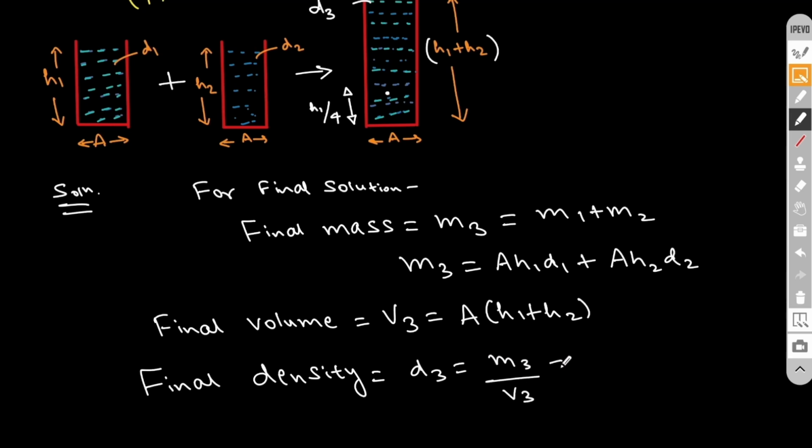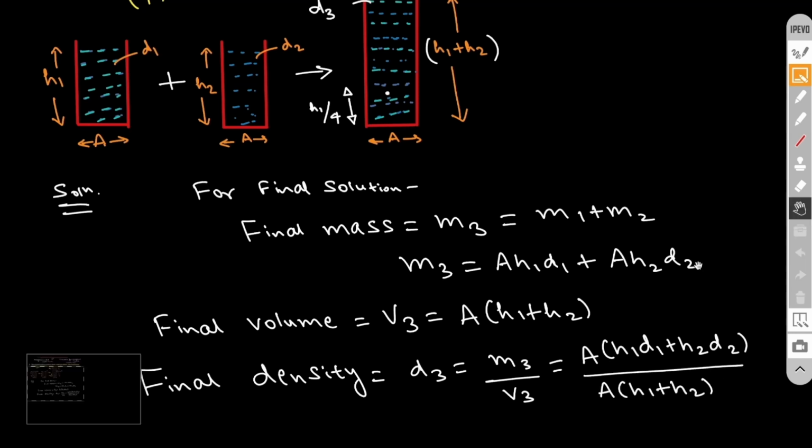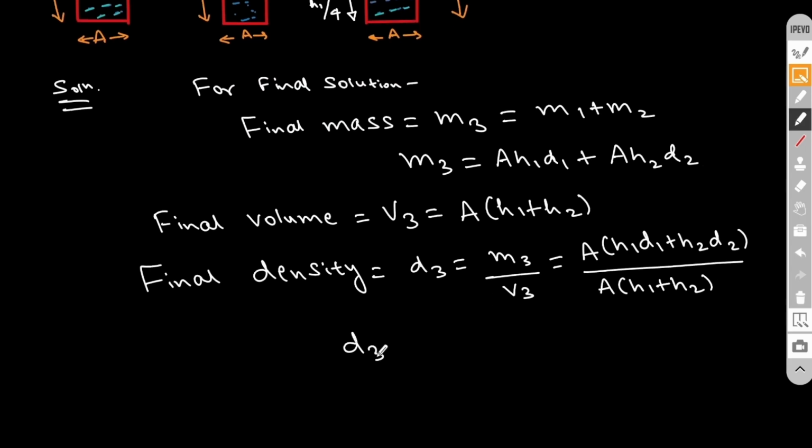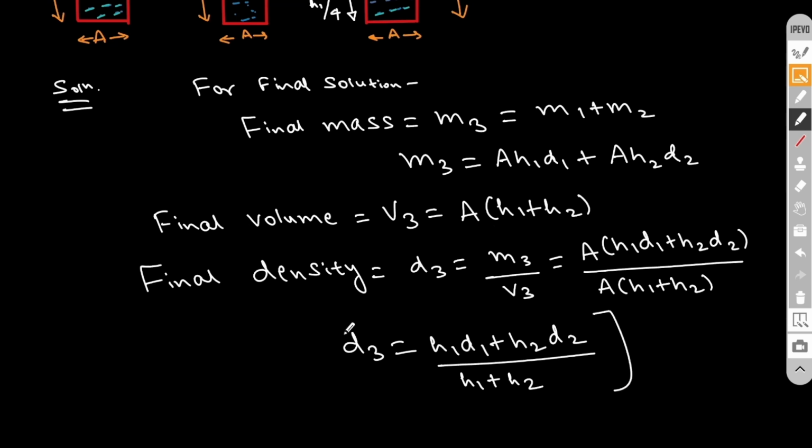So M3 divided by V3. M3 is A times h1 d1 plus h2 d2, and V3 is A times h1 plus h2, right? So A will get cancelled out in the numerator and denominator. So D3 will be equal to h1 d1 plus h2 d2 divided by h1 plus h2. So we got the value of density.